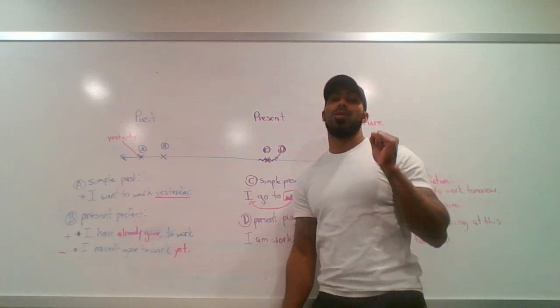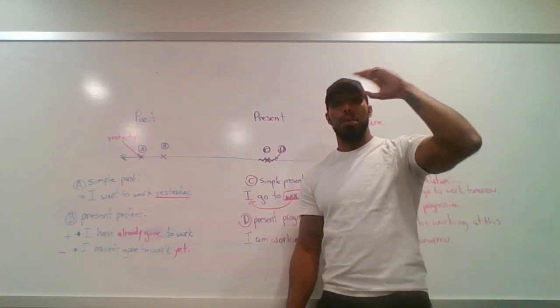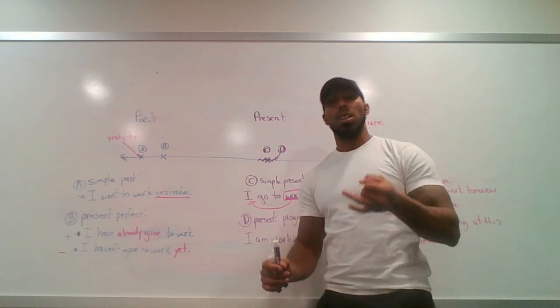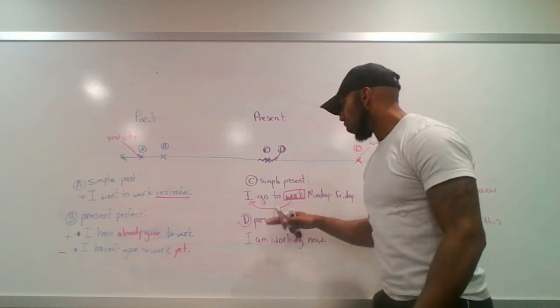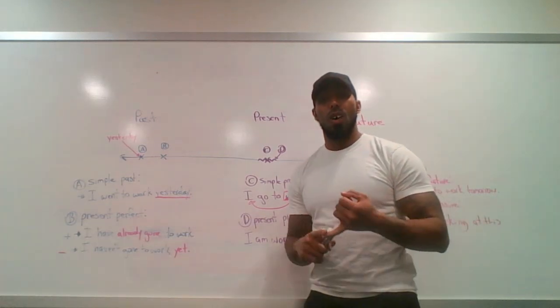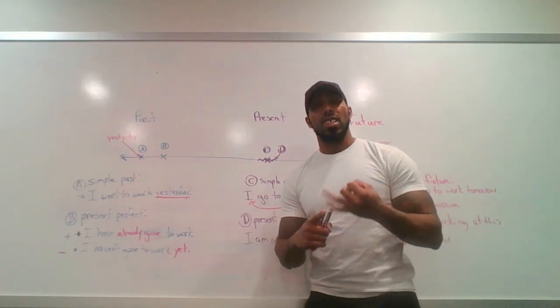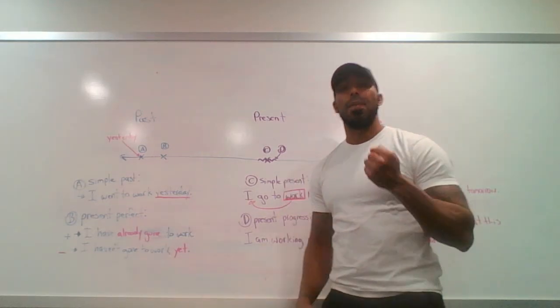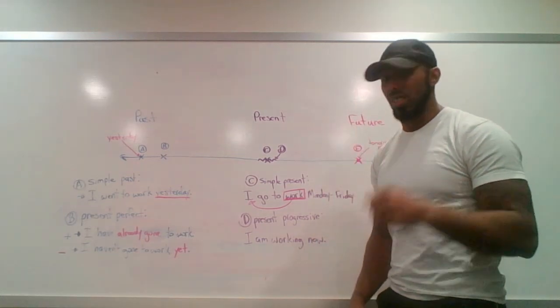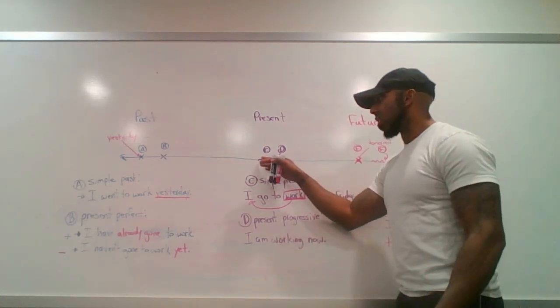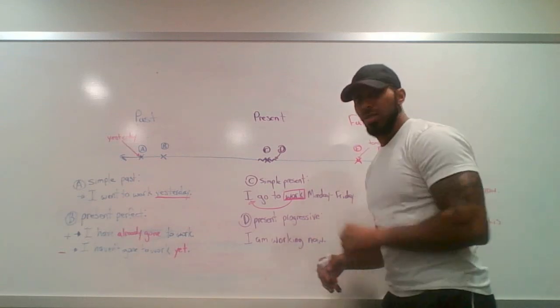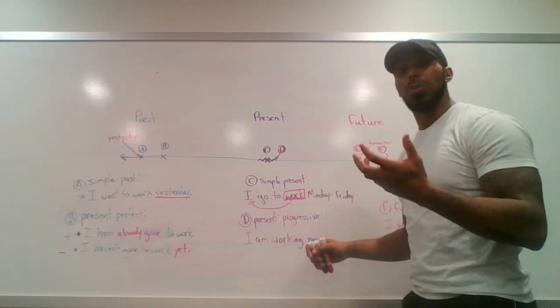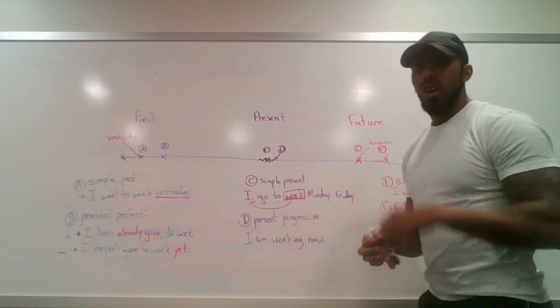There is a time phrase, okay, but it's not time as we know it, like Monday in the morning, at 5 o'clock, something like that. No, it's just now, right now, at present, at the moment. Those are the time phrases that we use for present progressive tense, okay? And it's the squiggly line because it's happening right now, in action. That's what you use present progressive to talk about.